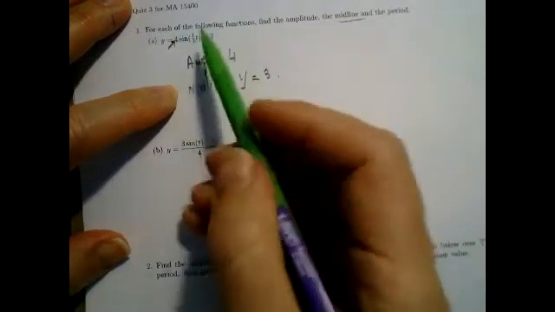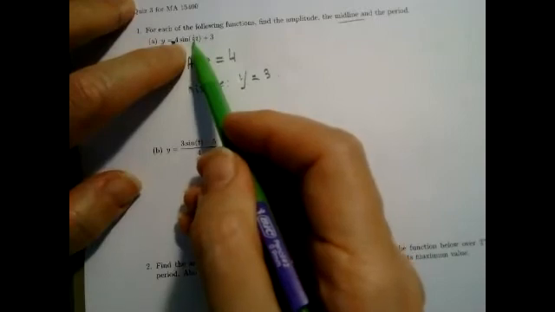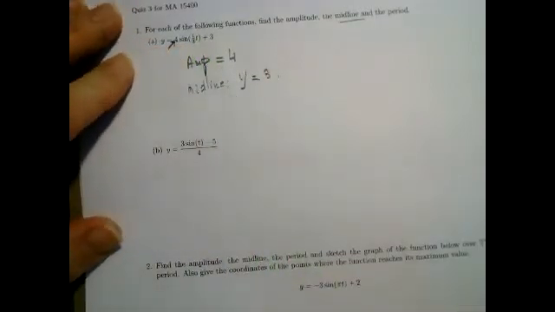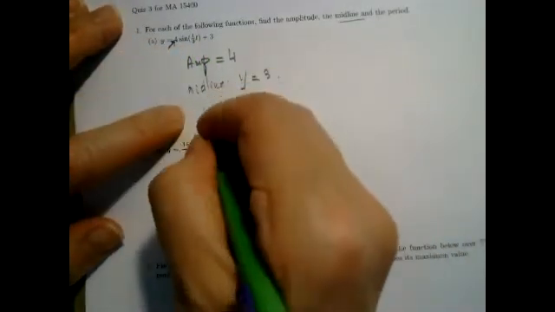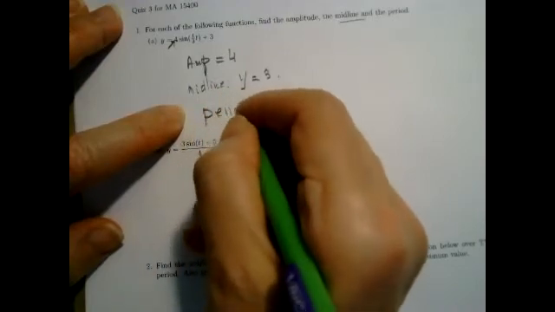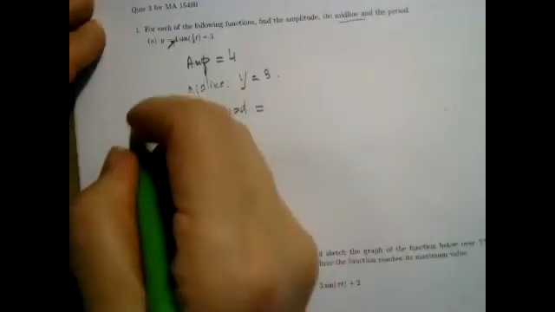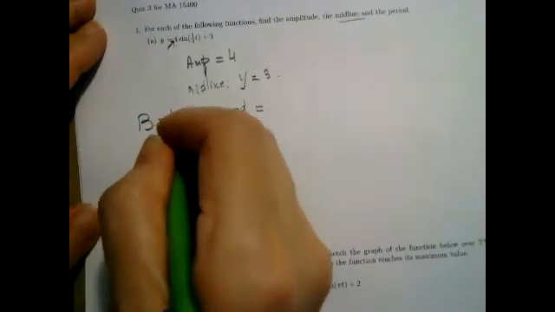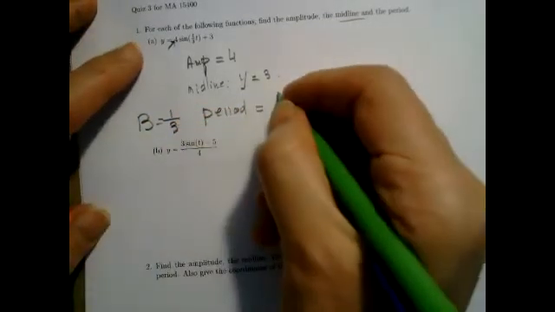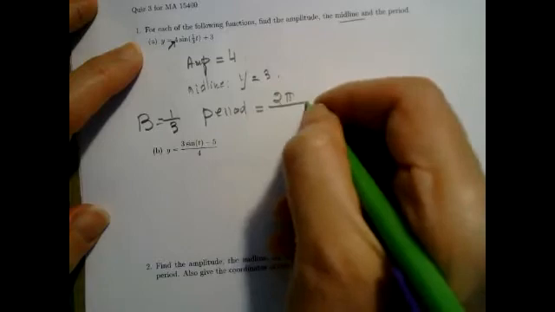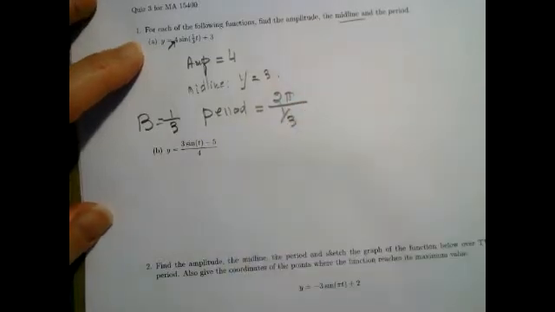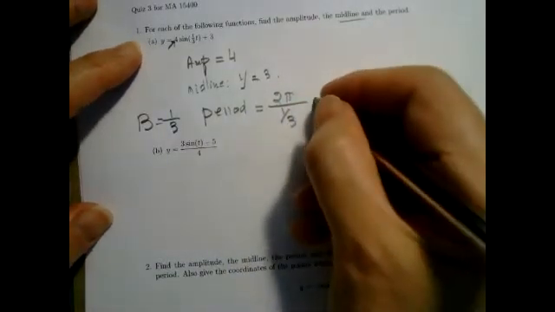What changes the period is multiplying t by a constant. And this is where the difficulties came. So the b here is a third. The period is 2 pi over a third. And now let us see the algebra here.